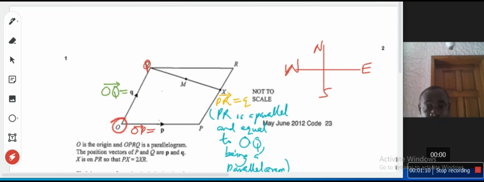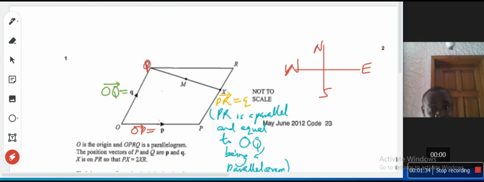So point O is the origin. So any other point like P measured from O is a position vector. So O to P is a position vector. Another way of putting it is to say the position vector of capital letter P is what? This small letter p, because it is measured from the origin.